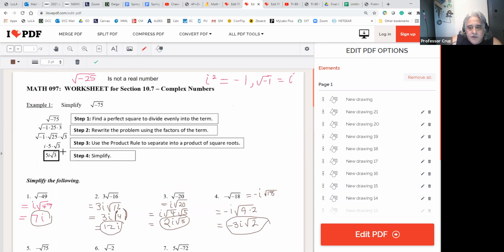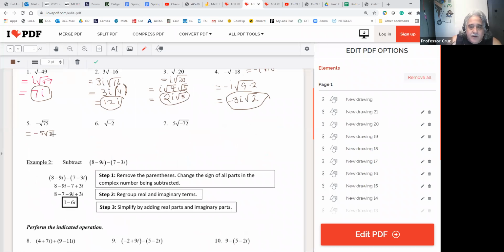See this? The negative sign was on the outside, so instead of an i, you got a negative sign.